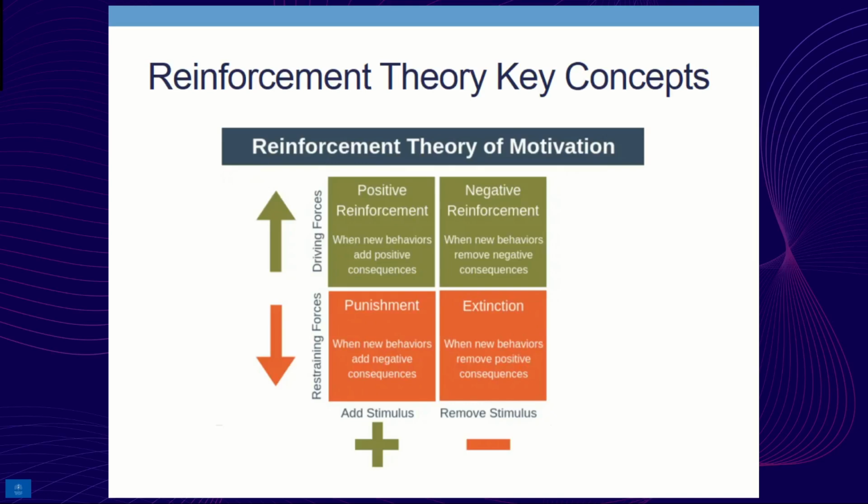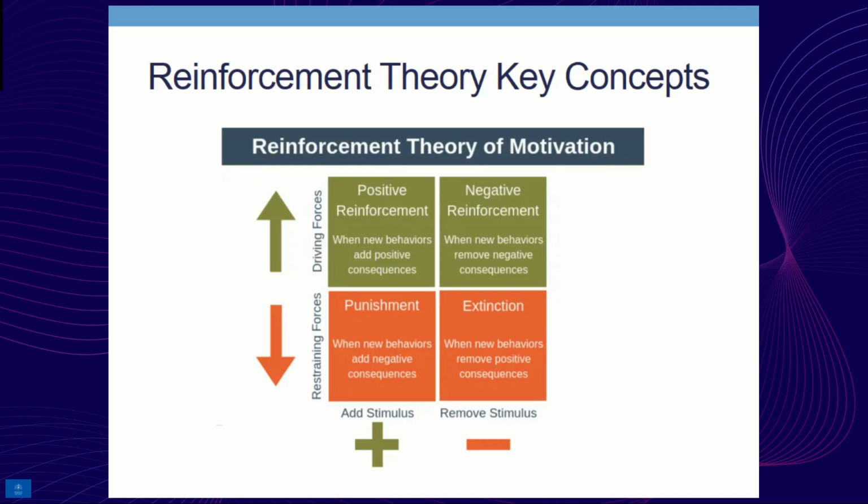Why? Because it assumes that people learn to change their behavior based on what happens to them from exhibiting a certain behavior. As you see in the diagram, according to reinforcement theory, there are 4 factors involved in influencing workplace motivation.